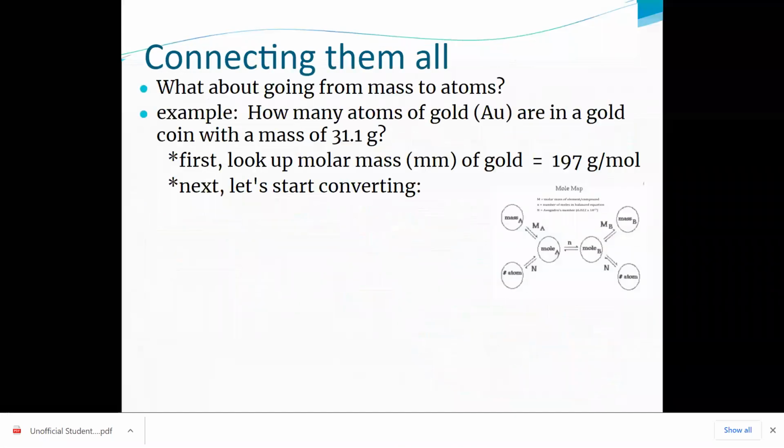Moving on. Now we need to do a practice problem for mass to atoms. If we're looking at our mole map, we want to go from here to here. You can't go directly from here to there. That does not work, okay?